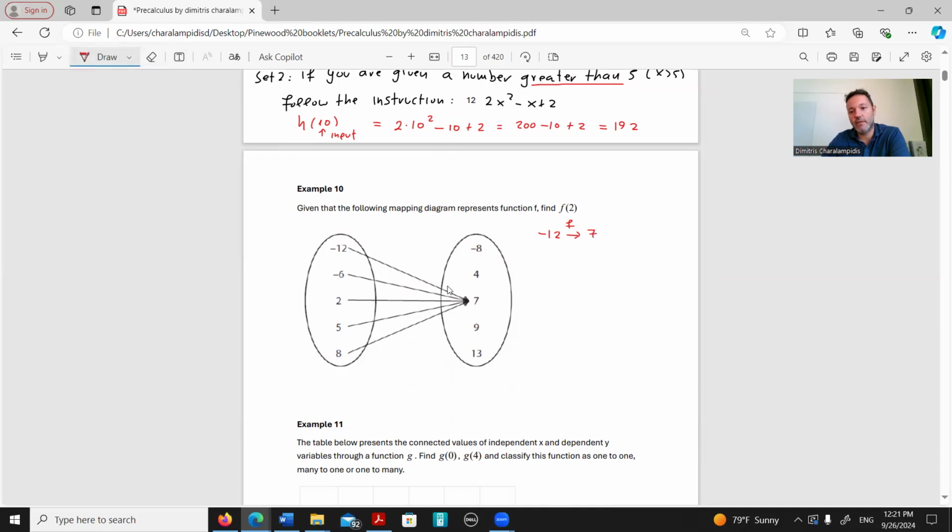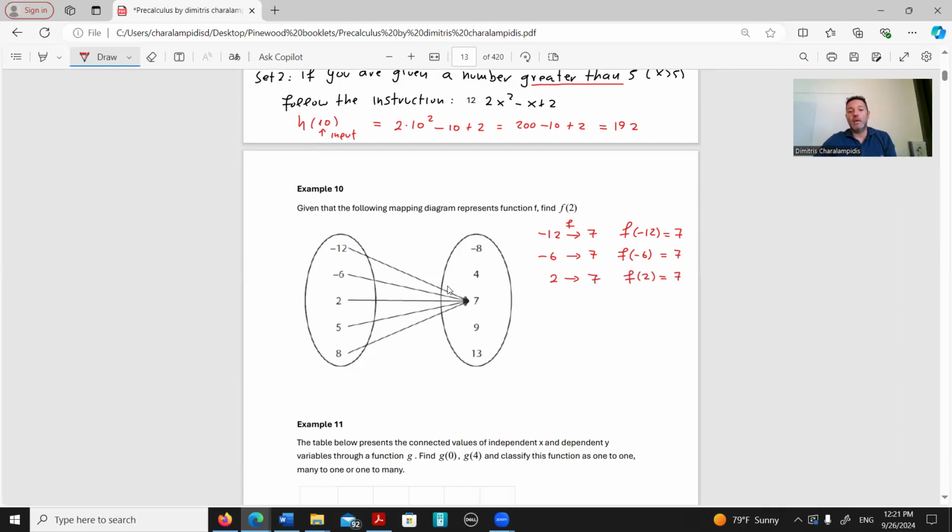This, in another function notation, would be written as f of negative 12 is 7. Negative 6, again through f, is connected to 7. This would also mean that f of negative 6 is 7. Number 2 is connected to 7 again. This also can be written as f of 2 is 7, and so on.